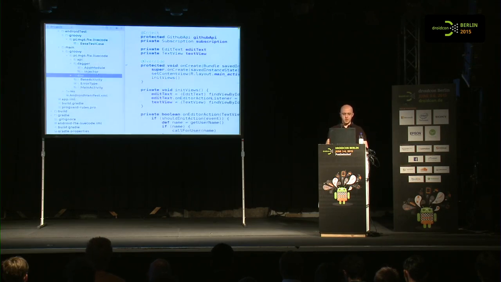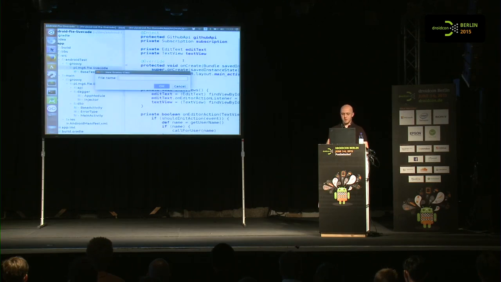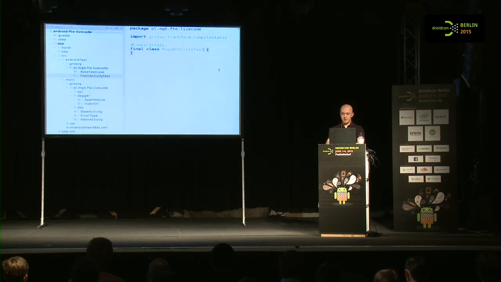So let's go to some tests. We'll create new, let's be Groovy, class MainActivityTest. Of course, our tests need to inherit from this weird class, ActivityInstrumentationTestCase2. And they need to have some constructor.